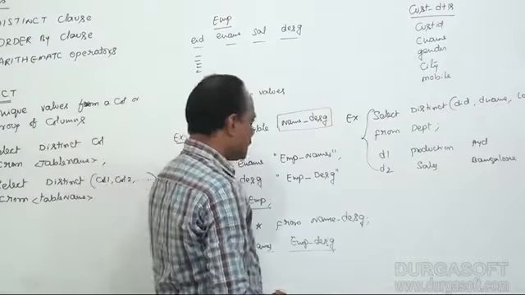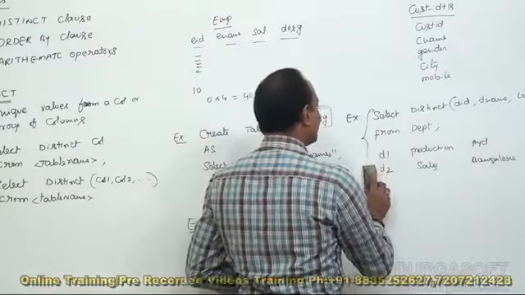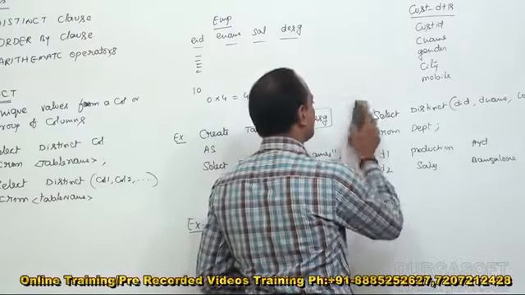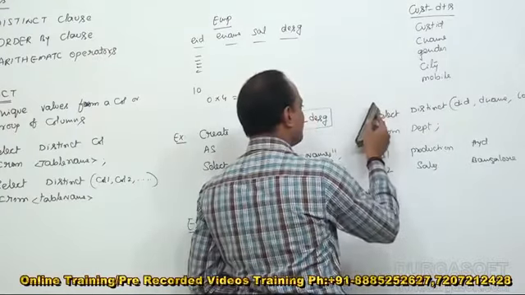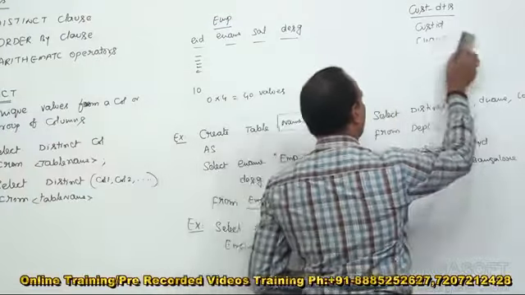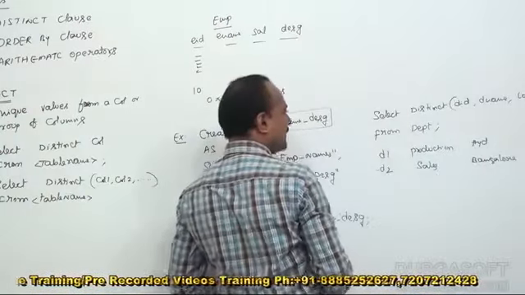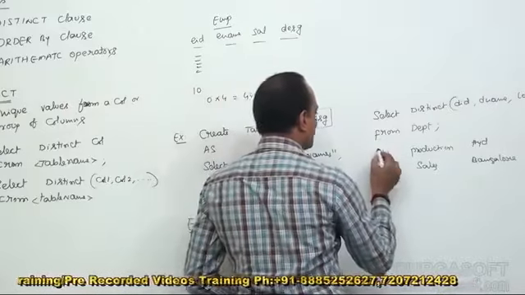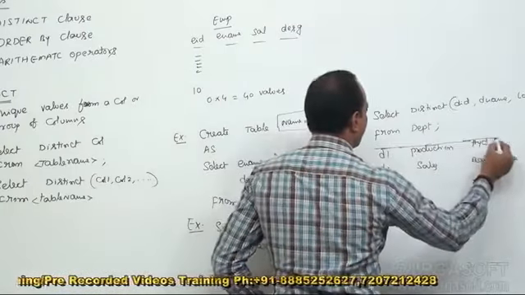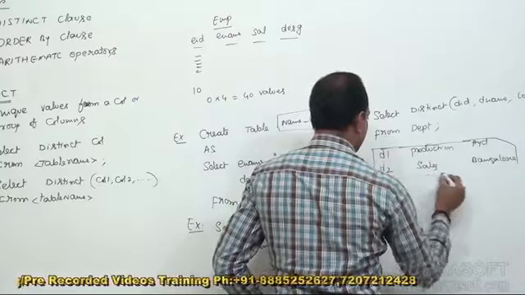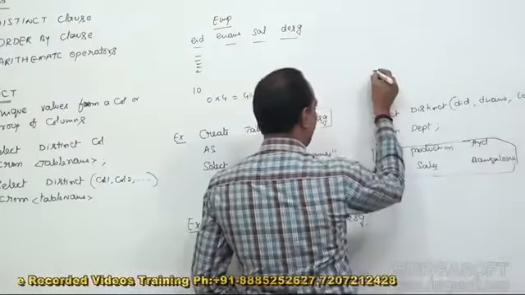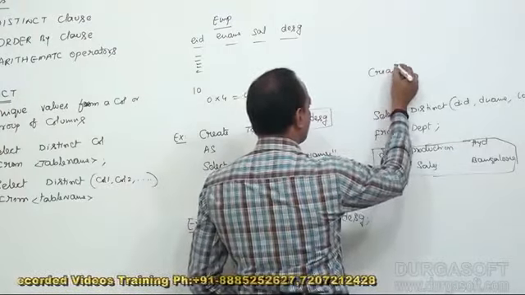Similarly, we have just seen that we selected the unique information of departments from the table DEPT. I want to create another department table based on this data, with only unique department information. How should I select the data and create a table?